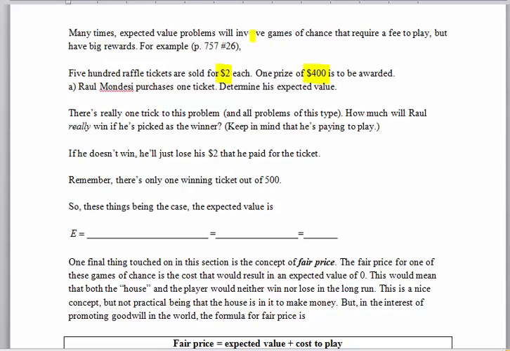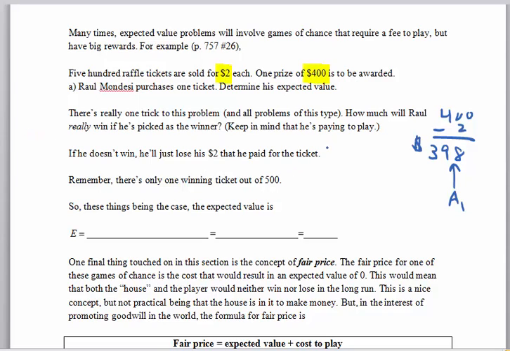So if you win $400 but you've paid $2 to play, you're really only winning 400 minus the 2, which is 398. So in this case, the 398, that's going to be your A1 value, because that's the amount he's winning if he does win this raffle. Okay, so A1 is 398, and if he doesn't win, he's just going to lose his $2.